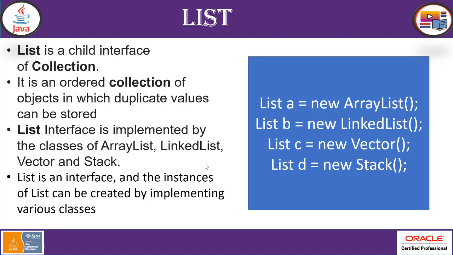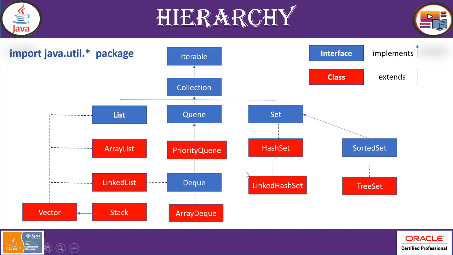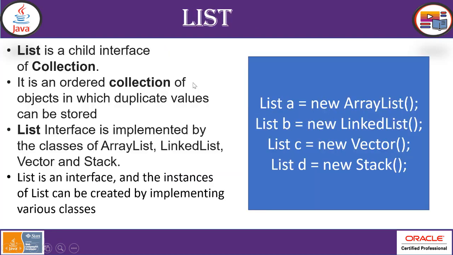Now, let's take a look at List. A List is an organized form of presentation of your objects or list of items. List is a child interface of Collection, as we have seen in the hierarchy.